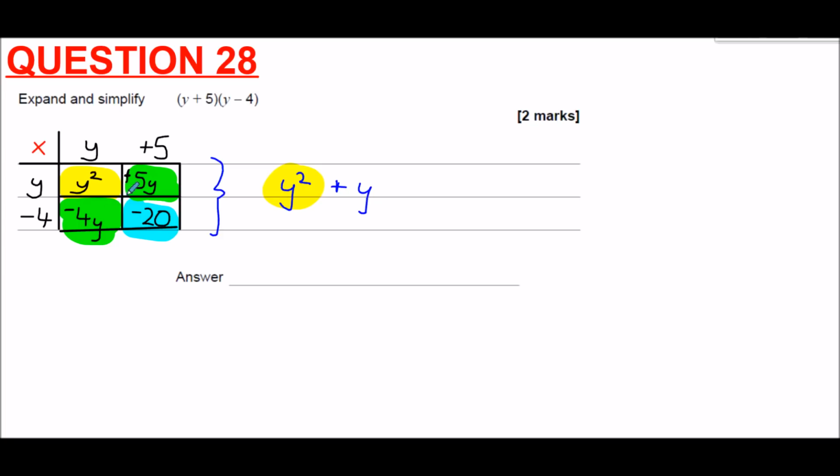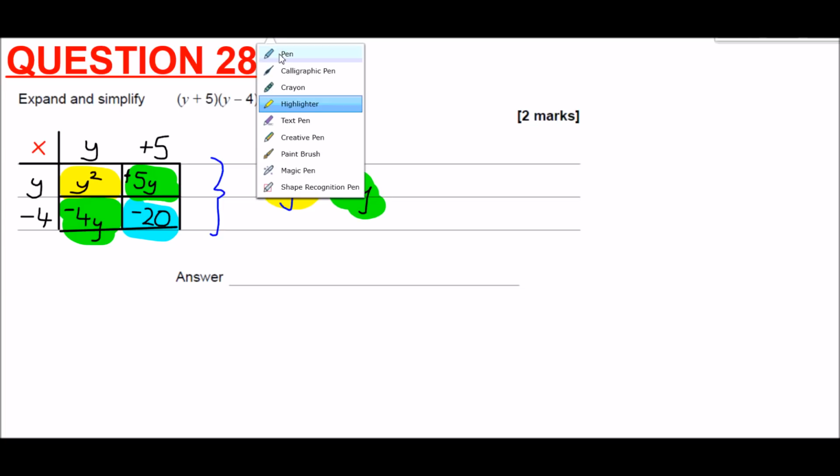So positive will win, if you like. Plus 5 minus 4 will be plus 1y. But because it's just plus 1y, we don't need to include the 1. A y on its own means 1y. So we've got plus y.